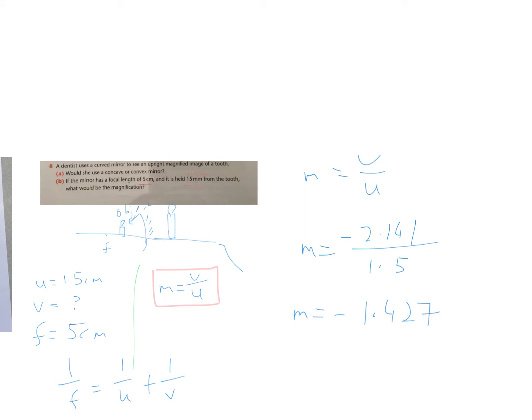So the magnification has a virtual image distance over a real object distance, so it's going to be minus over positive. That's the significance of the minus sign here. The image is still bigger than the object, but the minus just means that it's a virtual image.